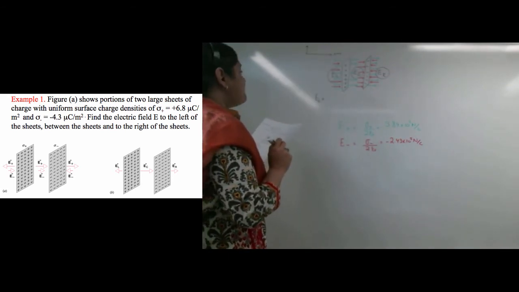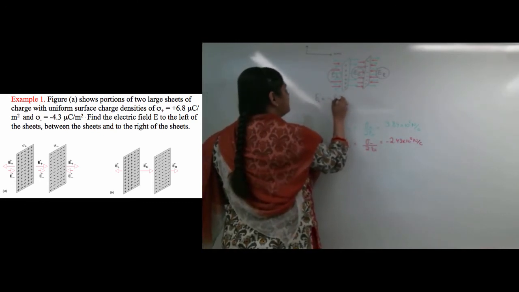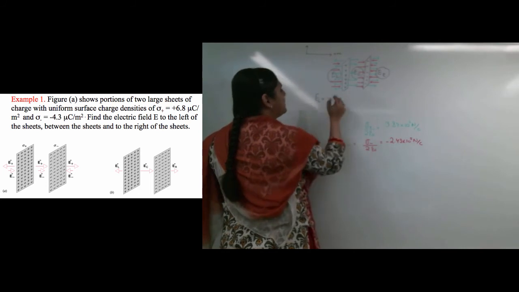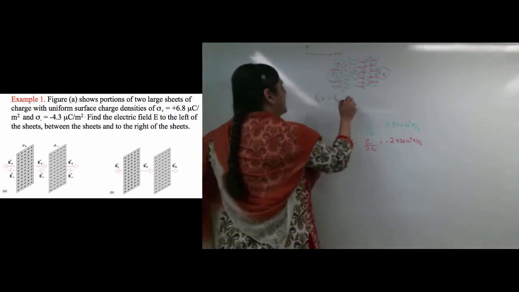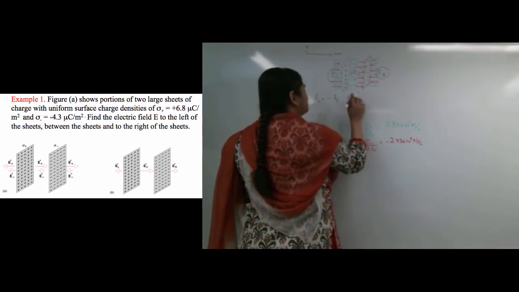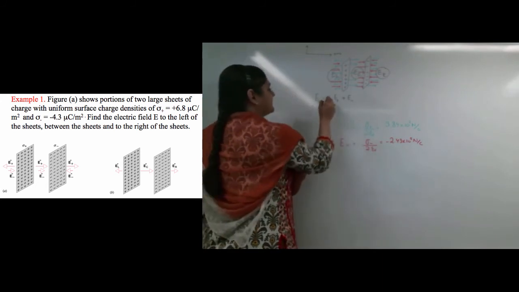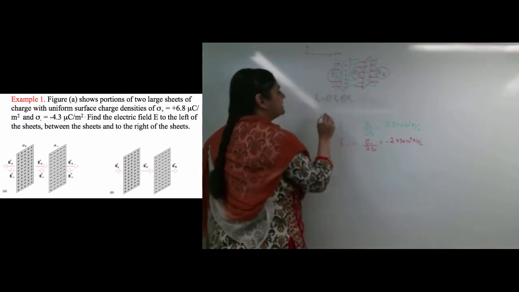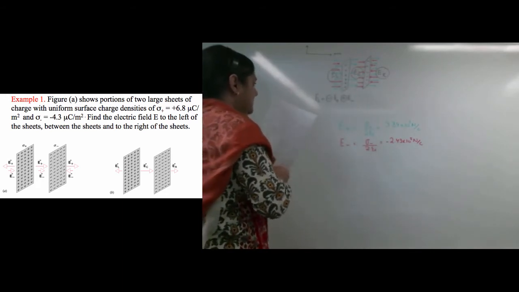So E plus, in this case, will be minus E plus. Why? Because it's pointing towards the negative side. And E minus will be plus towards the left side. Do you see it? It's pointing towards the plus, and that's pointing towards the minus.